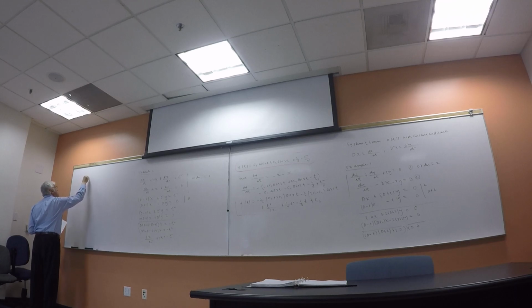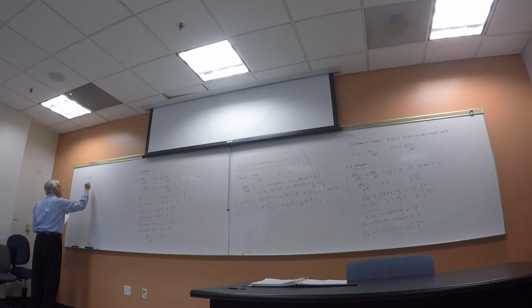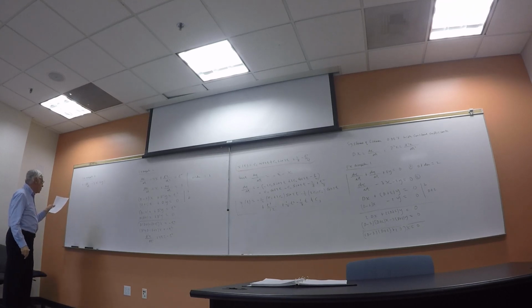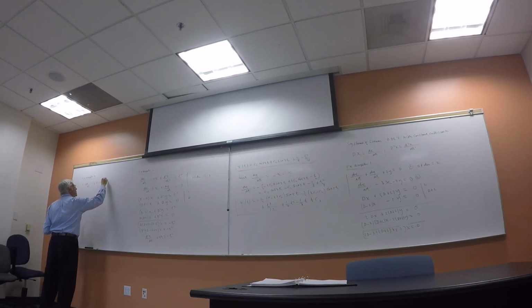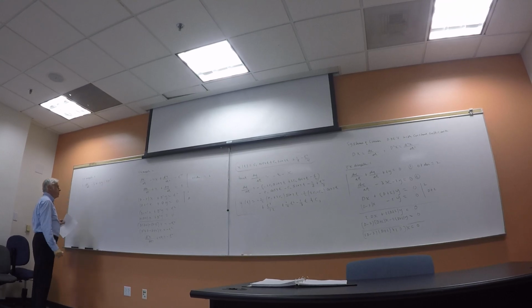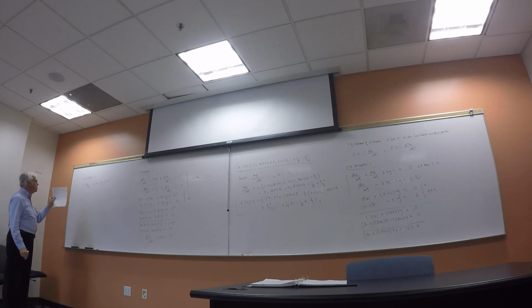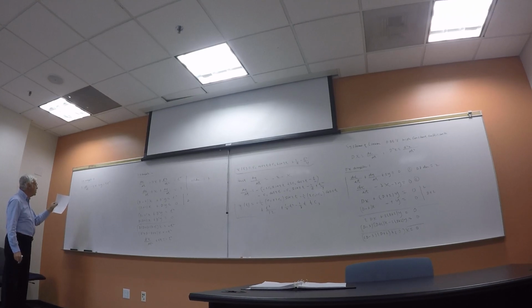Of course, there'll be homework on this, but obviously not going to be due for the exam. First equation: 2x dot minus 3x plus y equals 4e to the t.